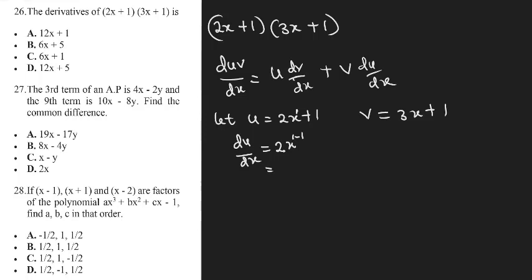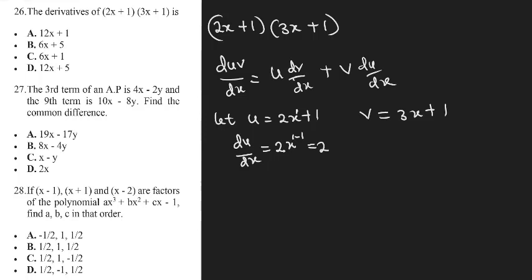So that means this place is going to be 2x raised to power 0, and 2x raised to power 0 is the same as 2, right? So we don't need to write it up to this place, not to confuse you. So this is the same as 2.